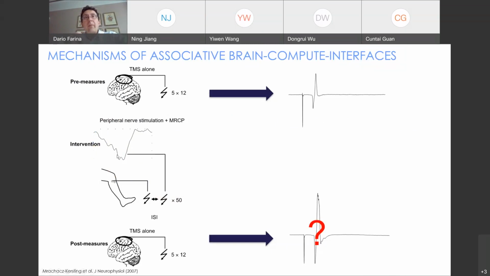We have a brain activity, and we trigger with this brain activity a peripheral stimulation. Then we repeat this intervention a number of times. Before and after, we test the excitability of the motor cortex by motor evoked potentials, and so the pre and post motor evoked potentials will inform us on potential changes in the excitability of the cortex induced by the intervention.